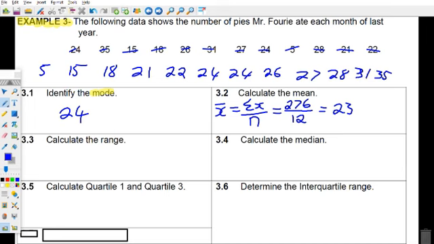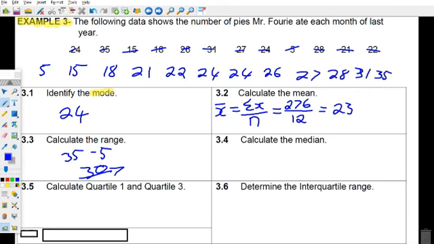Okay, average. So now we need to calculate the range. What is the range? Highest minus the lowest. So what's going to be here? 35 minus 5. So it's just going to be 30. Okay. Calculate the median. Now when I say calculate the median, it just means another way of saying find it, because you don't have to do any calculations.